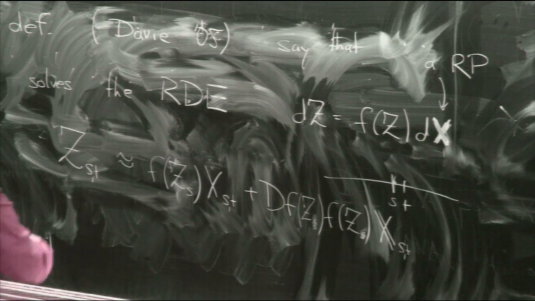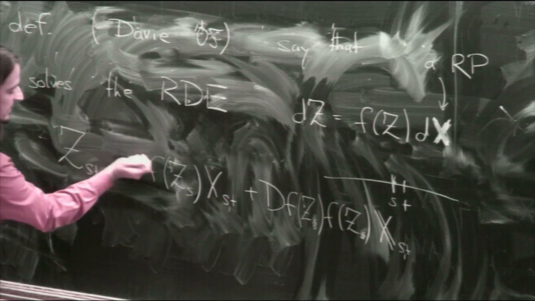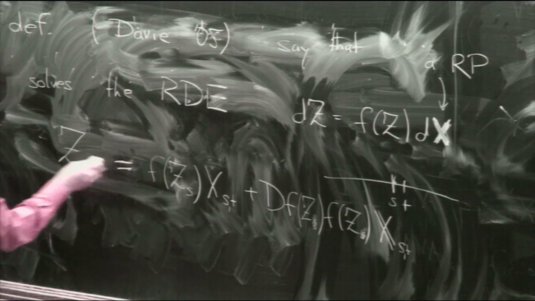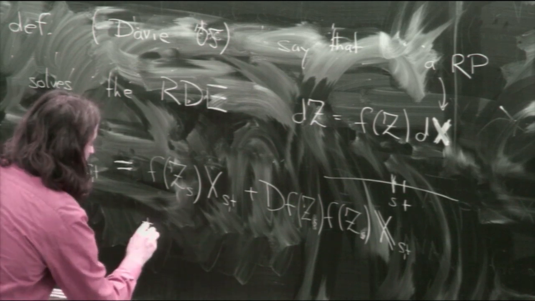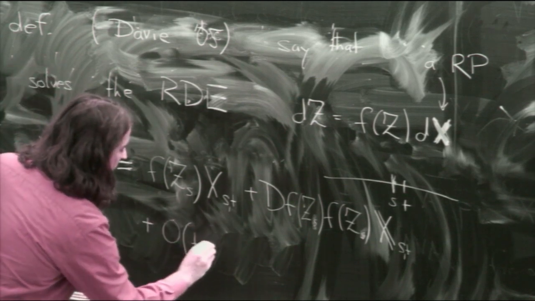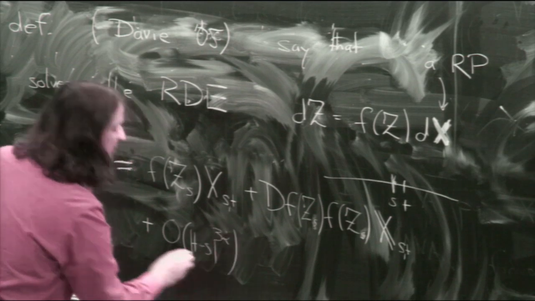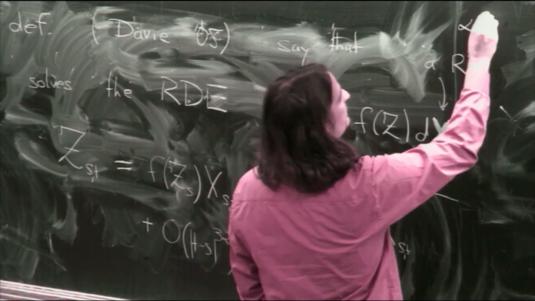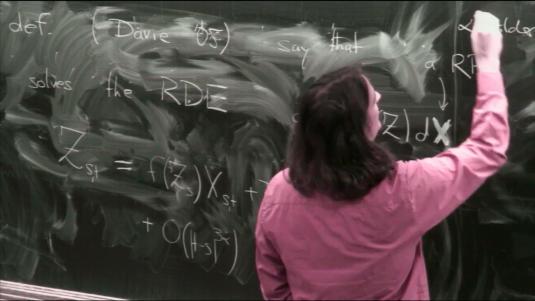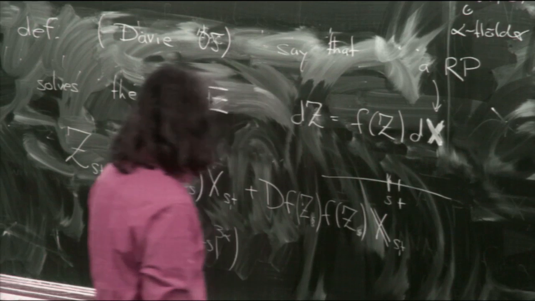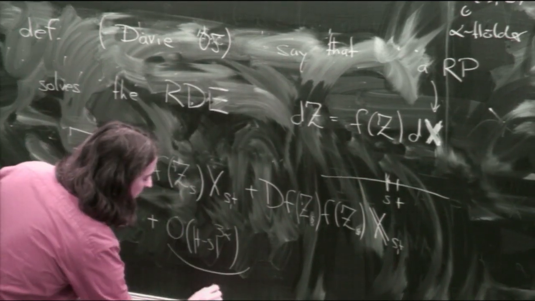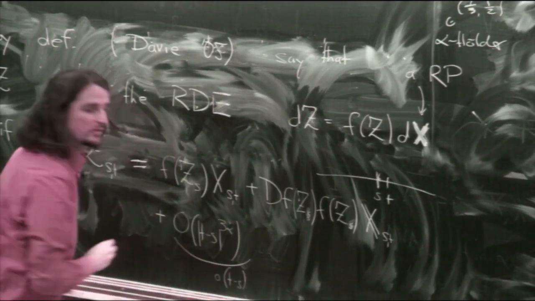And the crucial thing in this definition is, as before, that he says, well, I make this a real requirement. This equals this plus an error estimate, which is of the order we saw before, plus something of order |t-s| to the 3 alpha. And since alpha is still alpha Hölder, and alpha is still between a third and a half, this is, of course, a little o of |t-s|, which is why it's a good estimate.